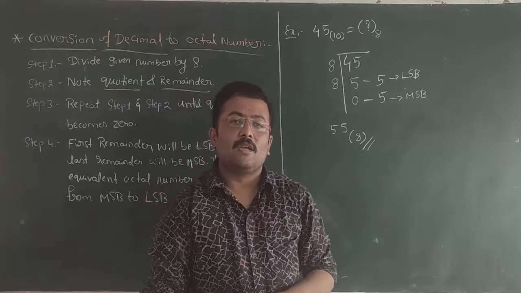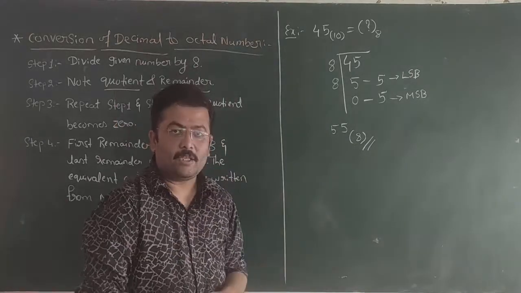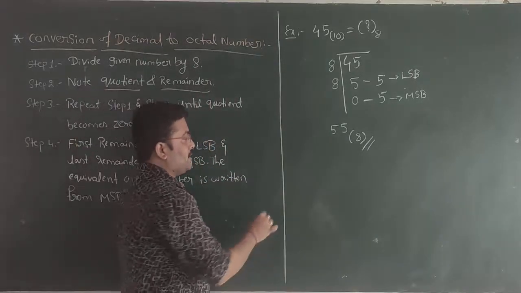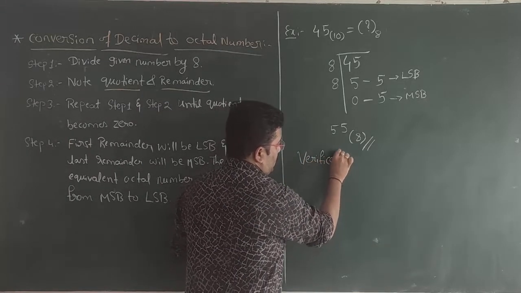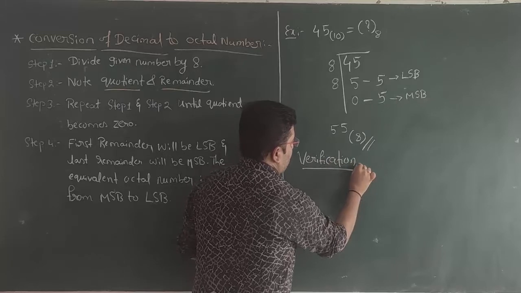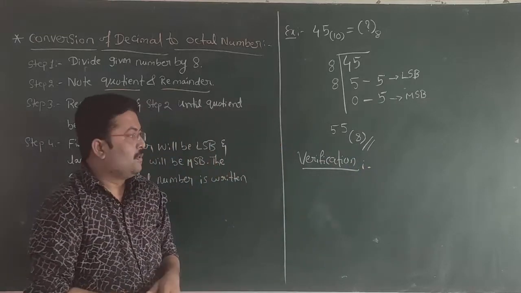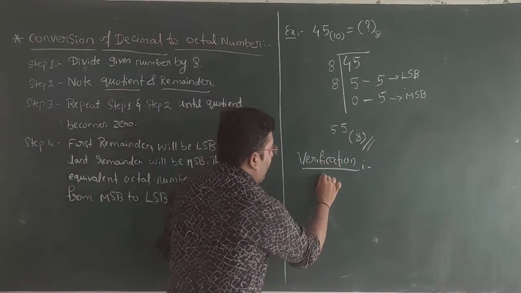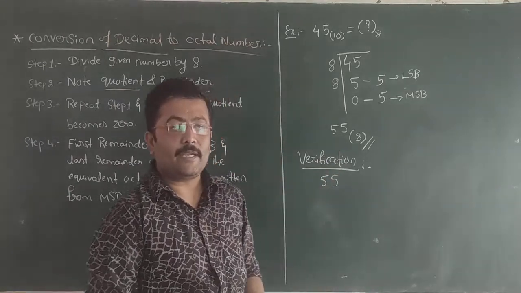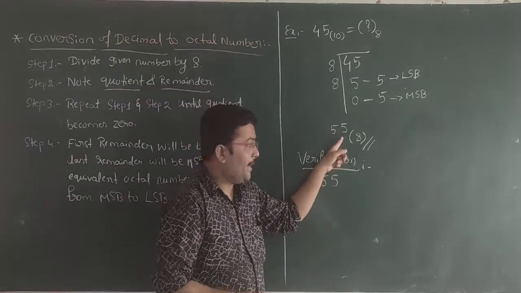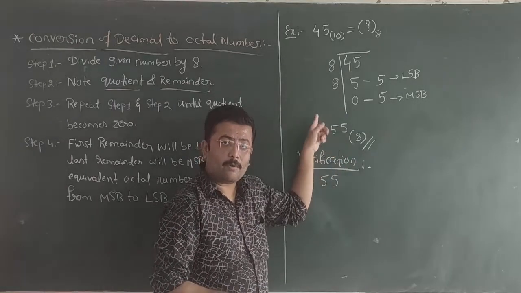Let us check whether the answer is right or wrong using the verification method. The value is 55. Here I should check it by multiplying by 8 to the power of 0, 8 to the power of 1.